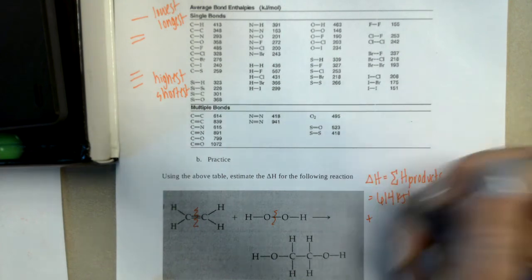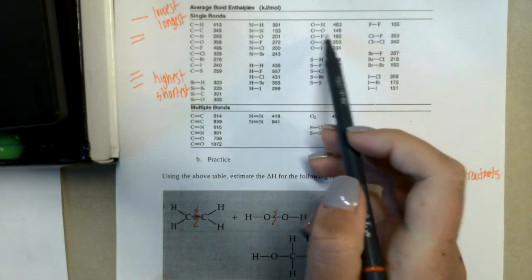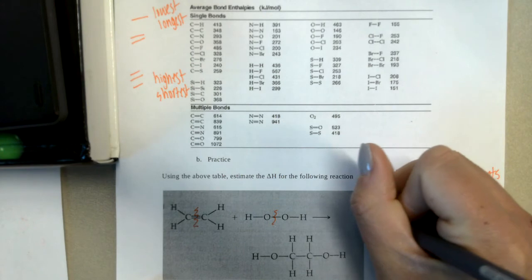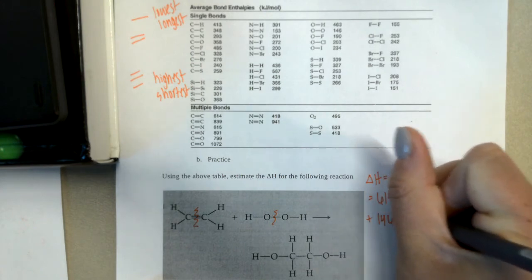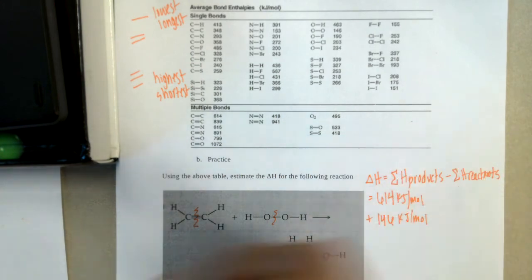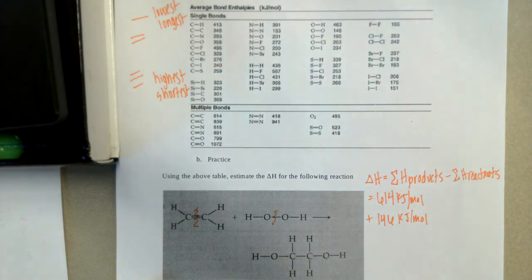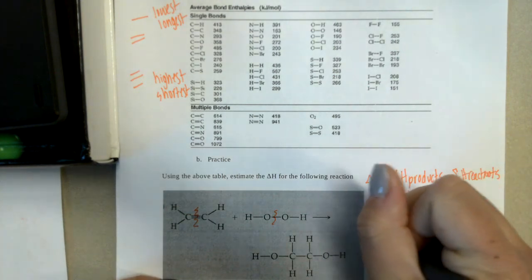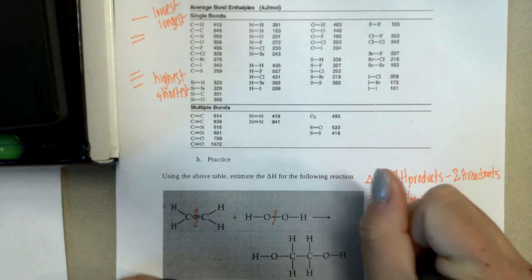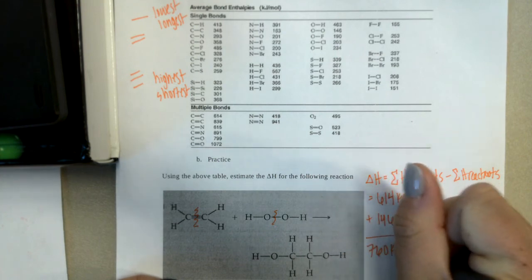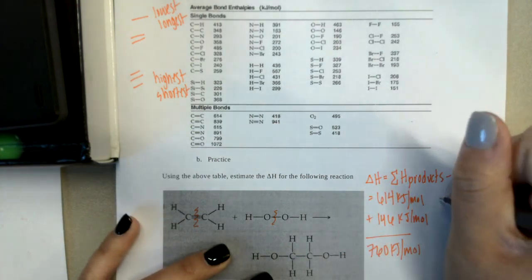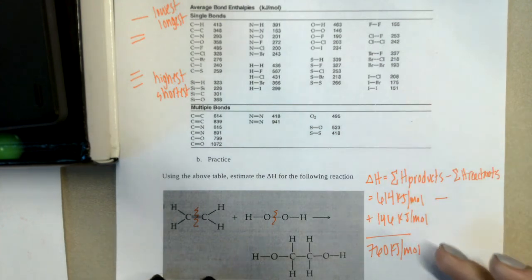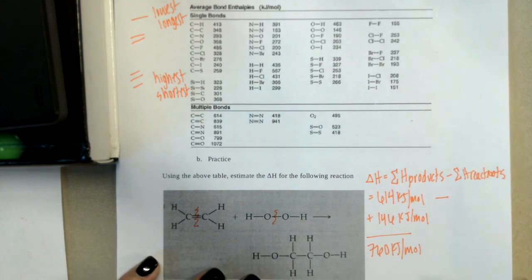And I'm going to add my oxygen-oxygen single bond, which is 146 kilojoules per mole. And if I can find my calculator, the sum of those, 614 plus 146, comes out to be 760 kilojoules per mole.